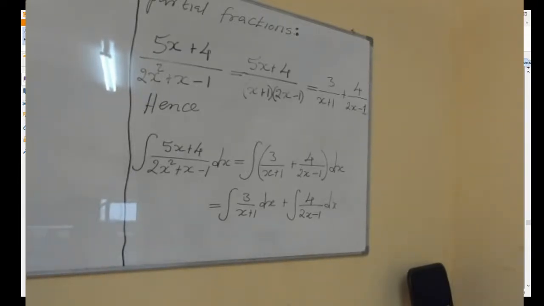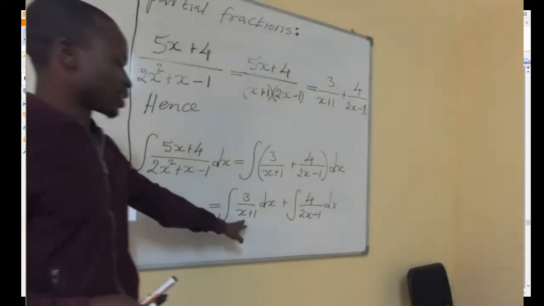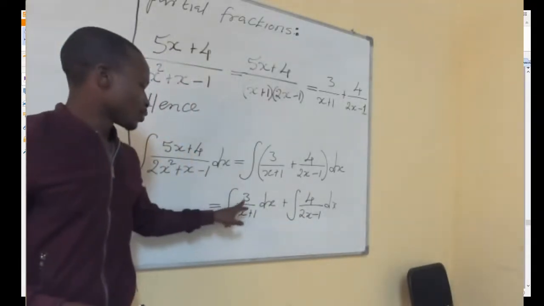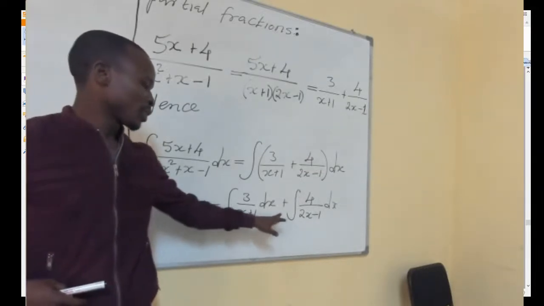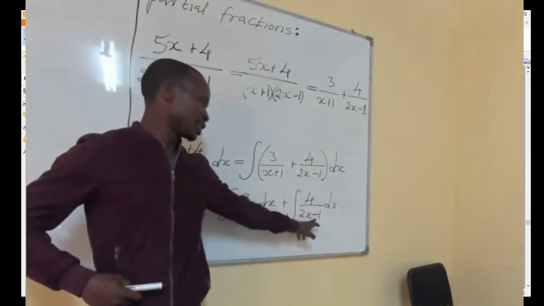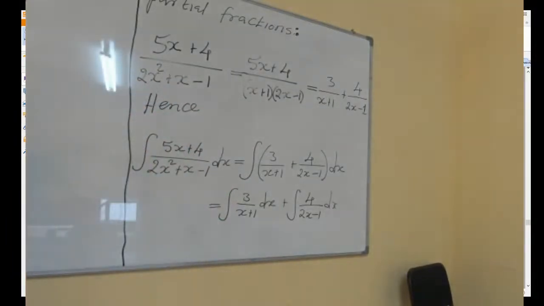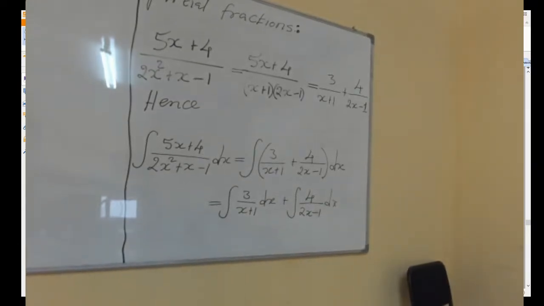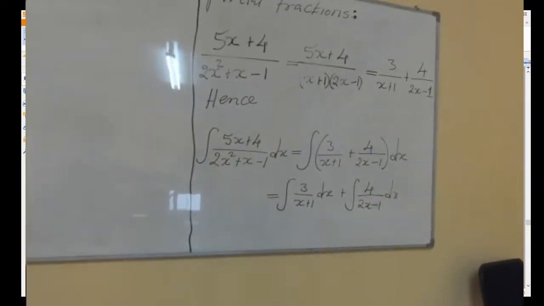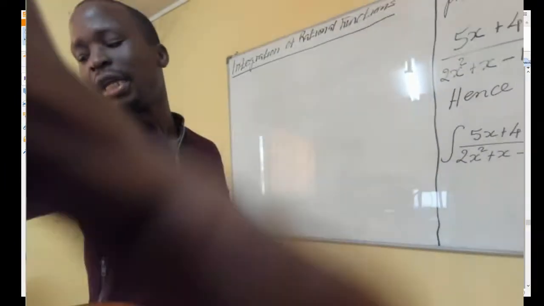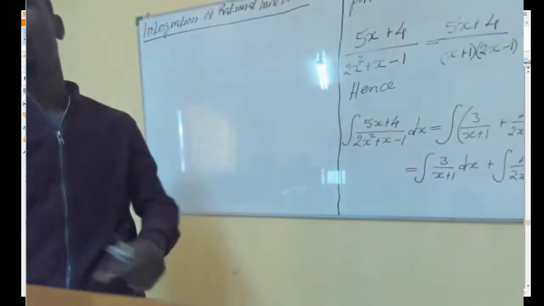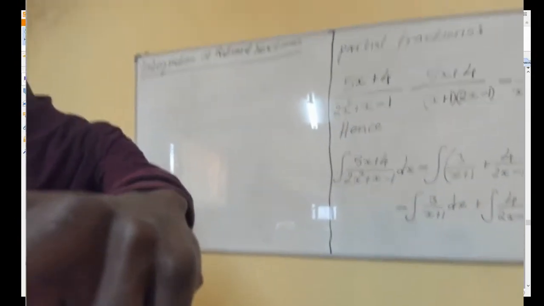Now, if you look at the resulting partial fractions, 3 over x plus 1 and 4 over 2x minus 1, we can integrate this. They are so easy to integrate as compared to what we started with.